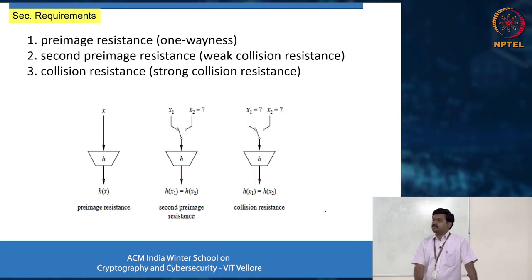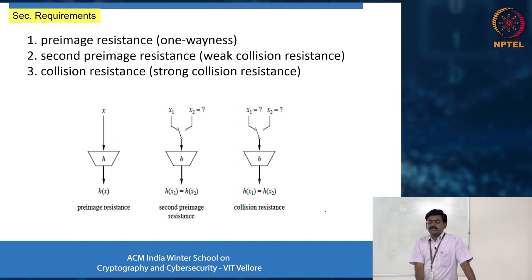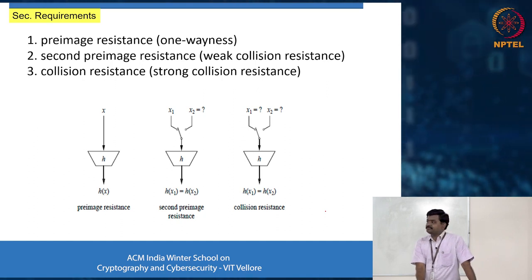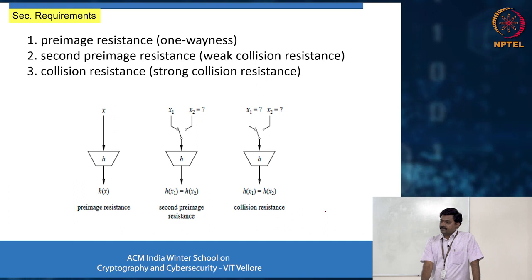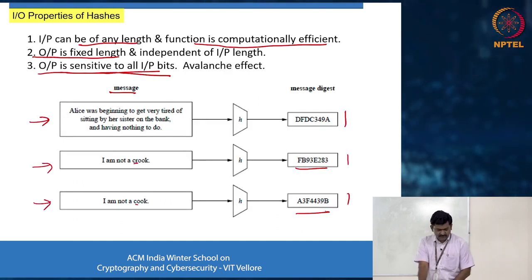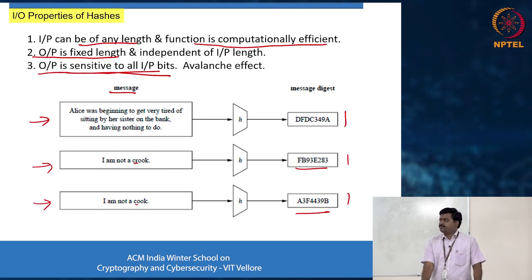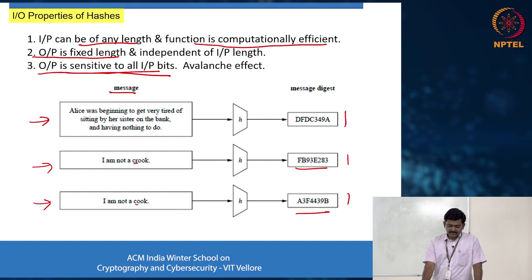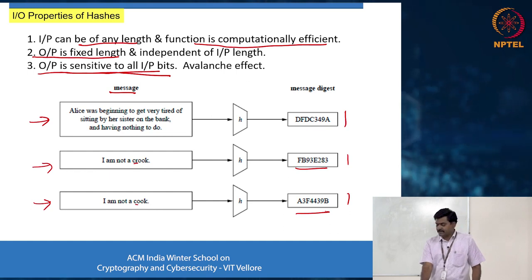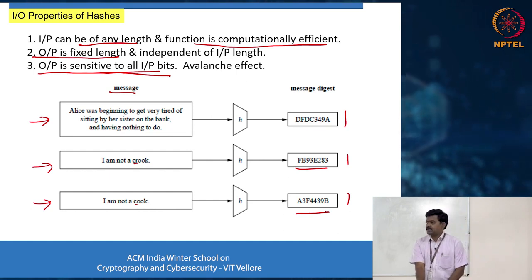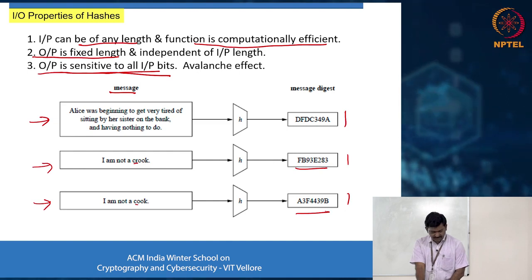And there are three conditions that hashes should exhibit. What properties have we seen? The three properties we have seen so far are: input can be of any length, output is fixed length, output is sensitive to all input bits, and the hash function should be computationally efficient.